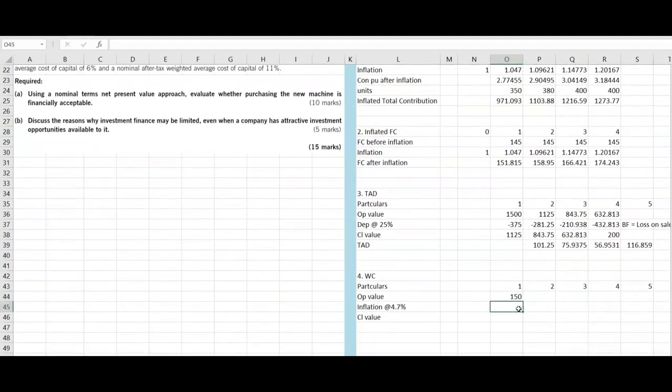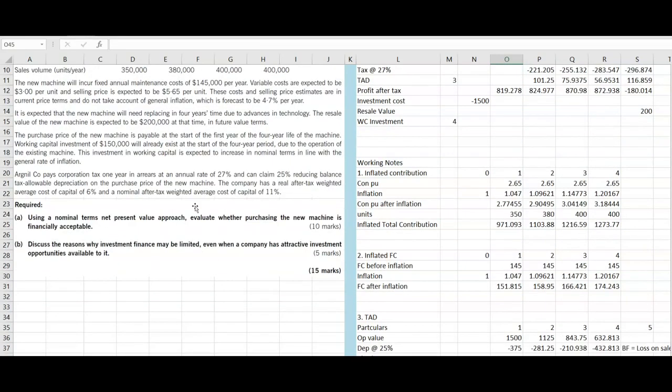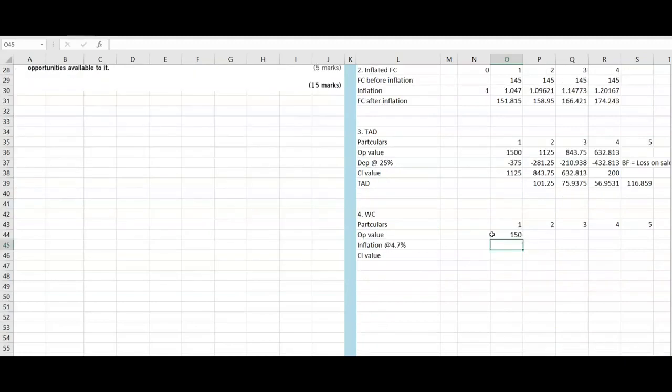What we have to do is only increase the investment. Okay, so if you also see, this 150 is at the start of the year. 150 is the working capital. With that, every year 4.7% is going to get added.